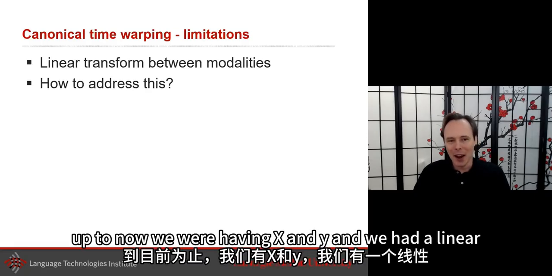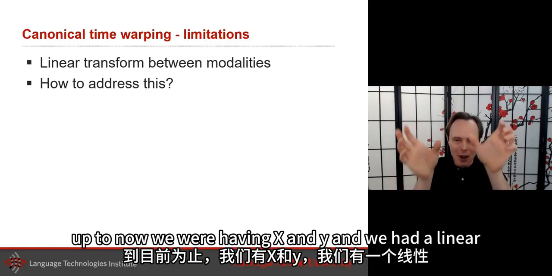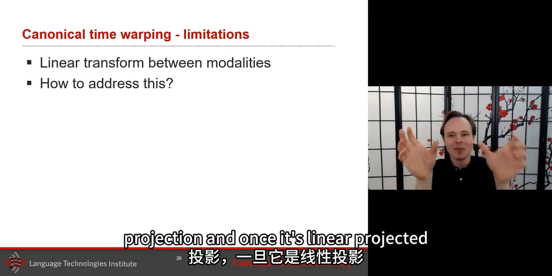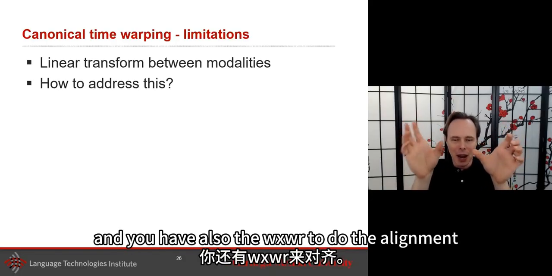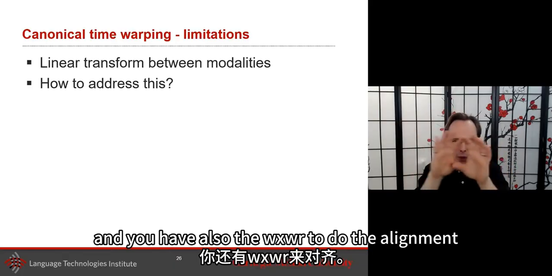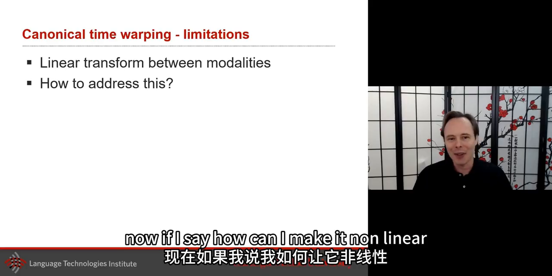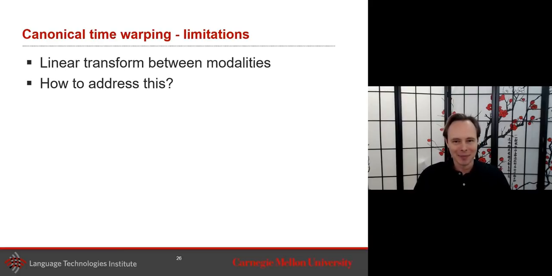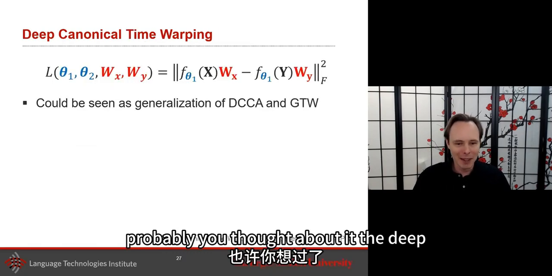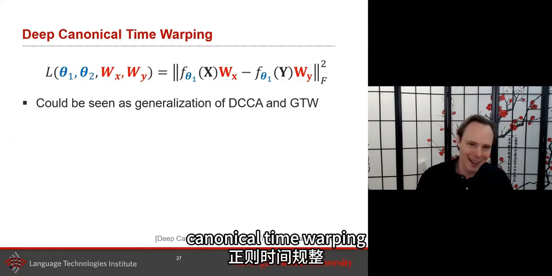Okay, so up to now we had X and Y, and we had a linear projection, and once it's linearly projected, you also have the WX, WY to do the alignment. Now, if I ask, how can I make it non-linear? Probably you thought about it: the deep canonical time warping.